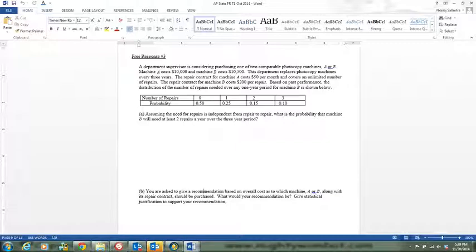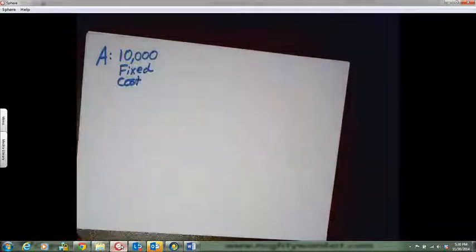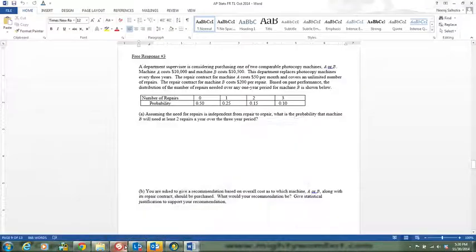Let's take a look and read up here. A department store supervisor is considering purchasing one of the two comparable photocopy machines, A or B. Machine A costs $10,000. That's the fixed cost. Now let's see what else they tell us about A. And B costs, I'll come back to B. Department replaces every 3 years.